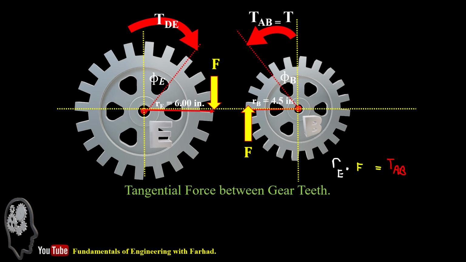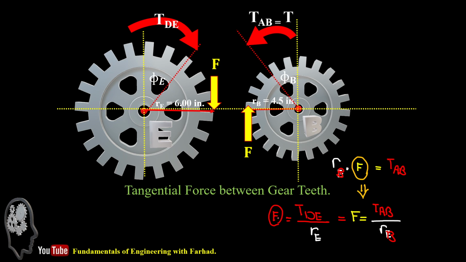For example, in the bigger gear, RE times force is equal to T. Let's say RB times F is equal to the torsion, which is a kind of moment, nothing but force times R. So if force remains the same, that's TAB over RB, and that's also equal to TDE over RE, because again force remains the same in both of them.